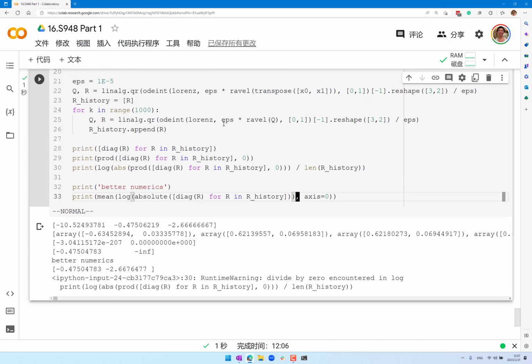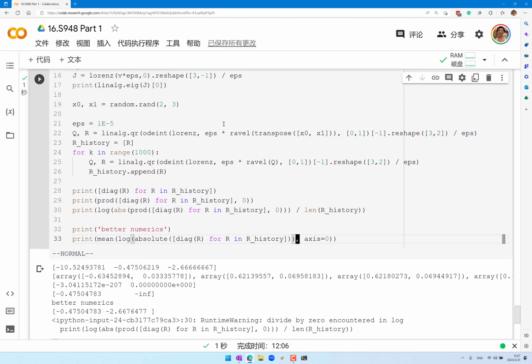Yeah. So this is one of the things that we almost have to be careful about all the time. In dynamical systems, things get either to infinity or 0 really fast. So using the logarithm to represent numbers as opposed to the actual value sometimes makes a large difference.